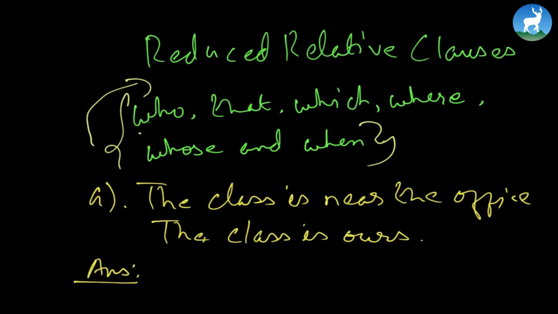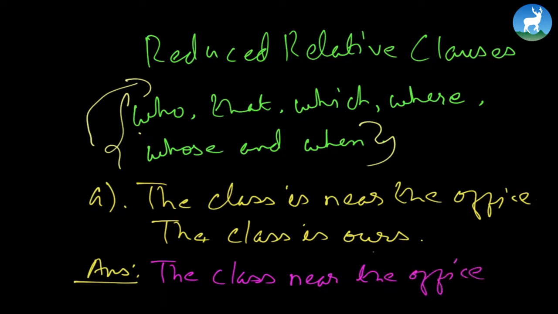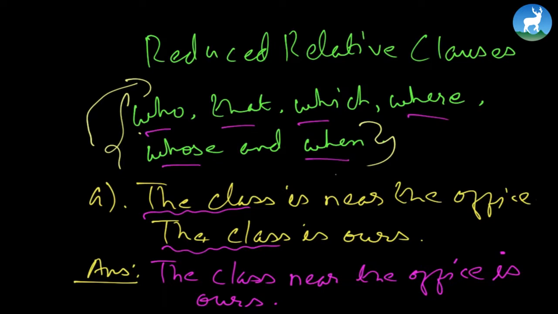Without using these relative pronouns, if we have to combine these two sentences into one, the answer would be: the class near the office is ours. The repetition of the subject is unnecessary. So without using any of these relative pronouns, who, that, which, where, whose, and when, we have combined these two sentences into one. The class near the office is ours.